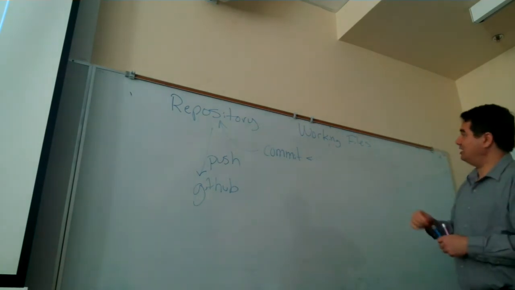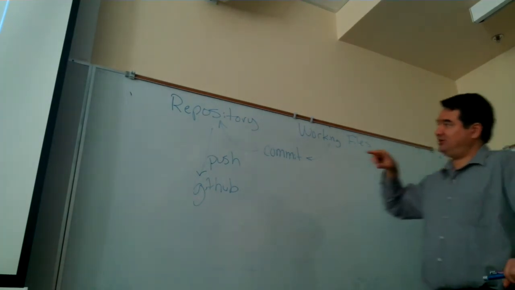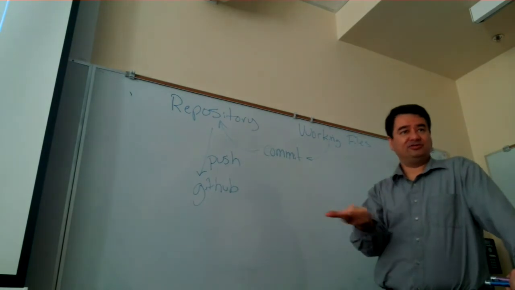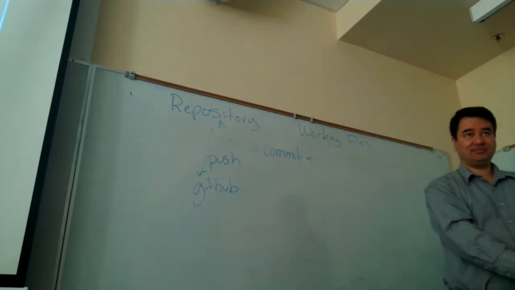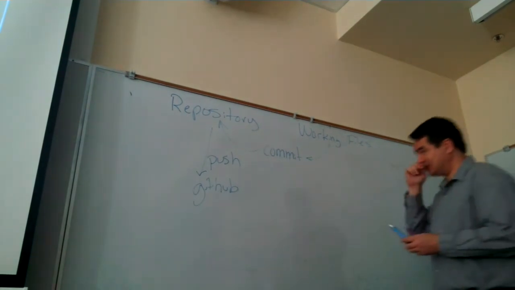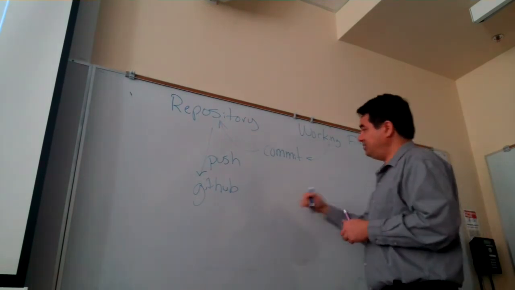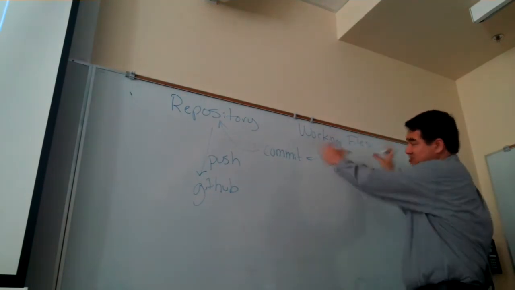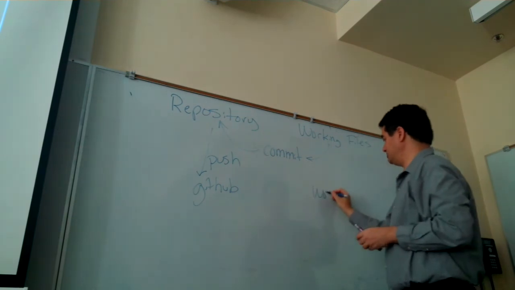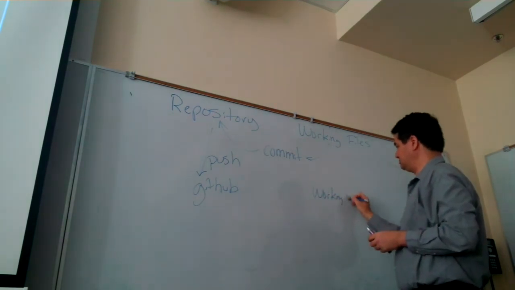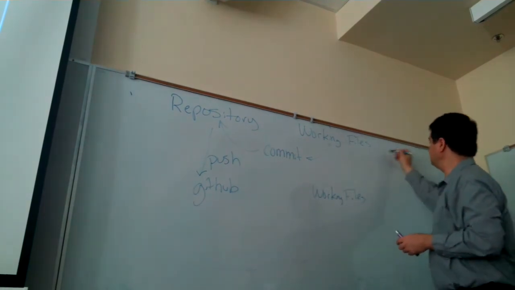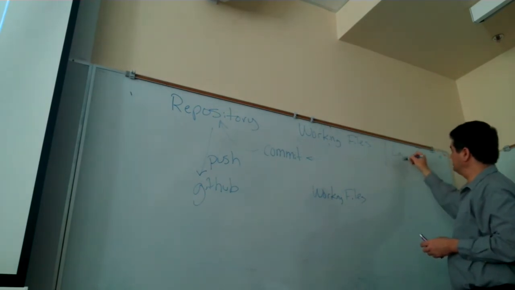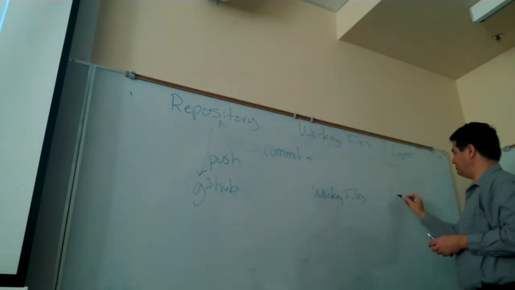Now, the next thing would be, let's say you were working on your laptop and now you want to switch over to your desktop computer. Your desktop computer needs to have its own set of the working files. So this maybe is on your laptop, and this is on your desktop.